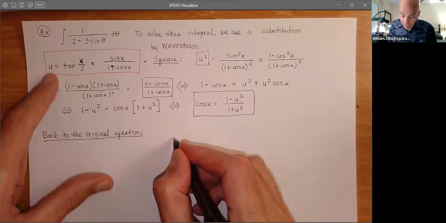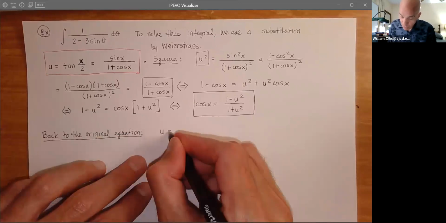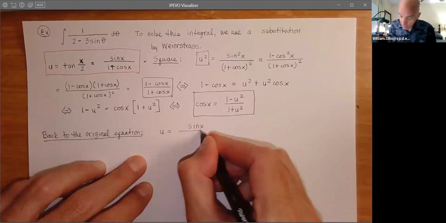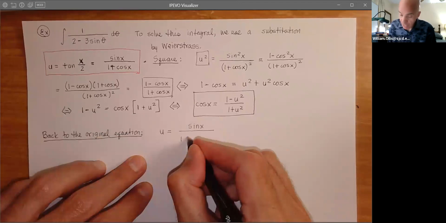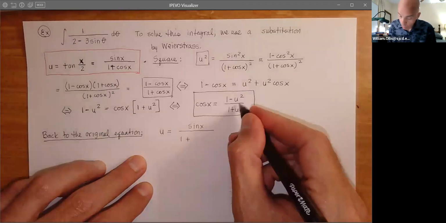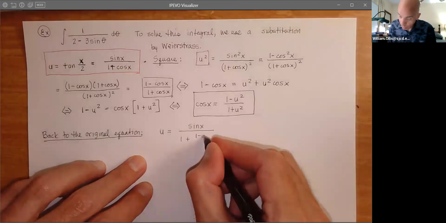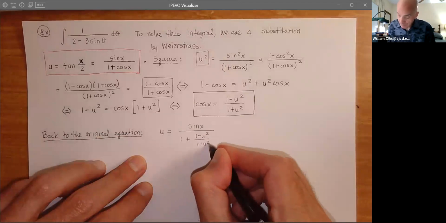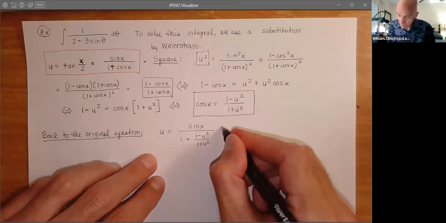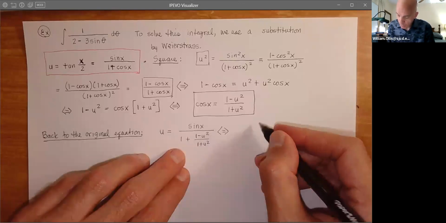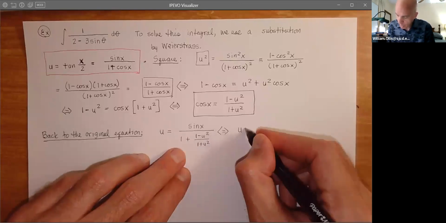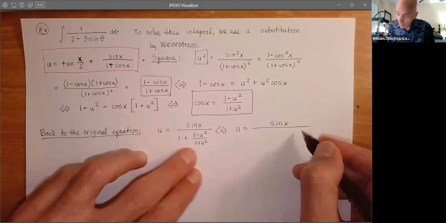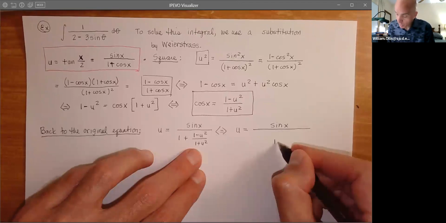So now when we look at this, we have u equals sine x over 1 plus cosine x, but we have a new form for that. We have 1 minus u squared over 1 plus u squared. So we can just go ahead and keep everything downstairs for now. Not very neat, but it's fine. So you get a common denominator of 1 plus u squared.